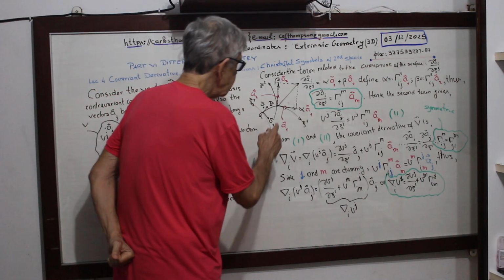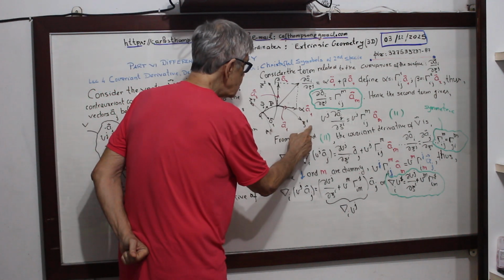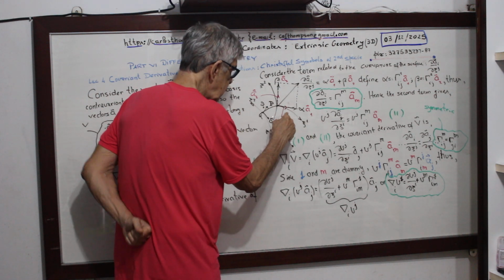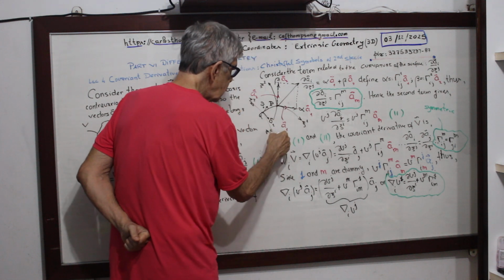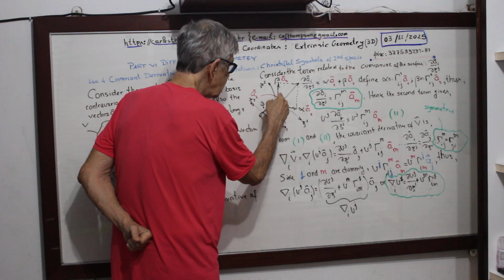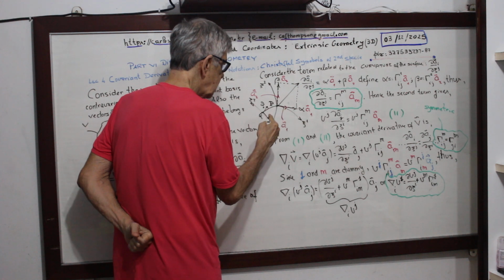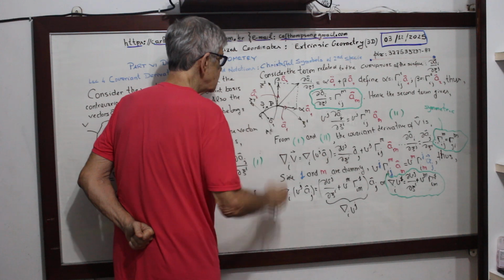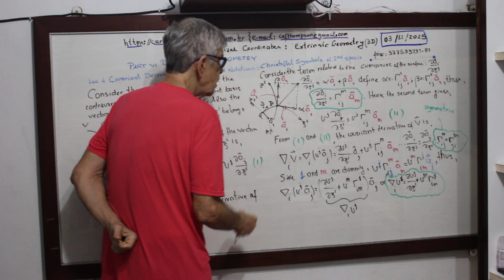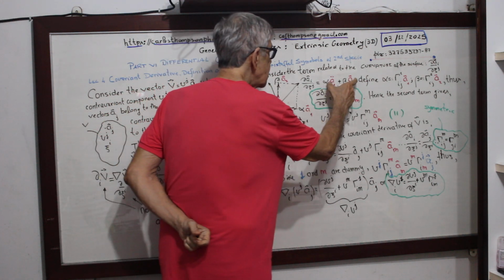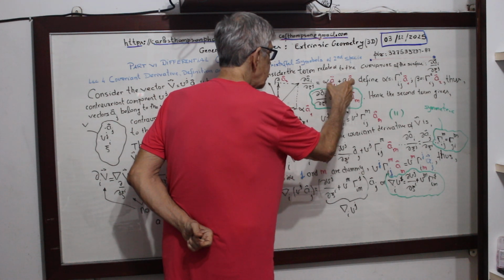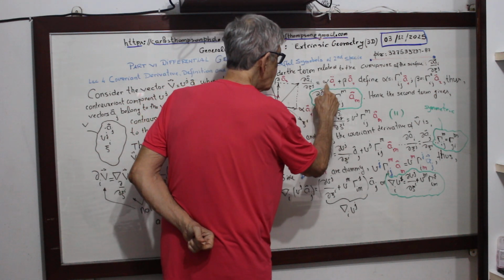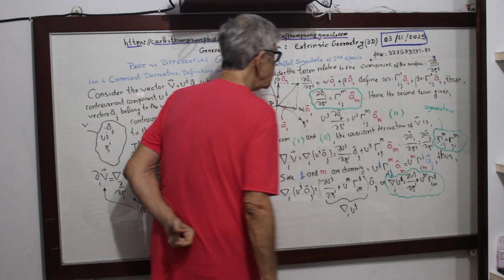Now, you see, suppose I have C1, C2. You see this vector, a base vector A1, a base vector A2. This is tangent to this curve. A2 is tangent to this coordinate line. Now, this is a linear combination of A1 and A2. So this will be alpha A1 plus beta A2.